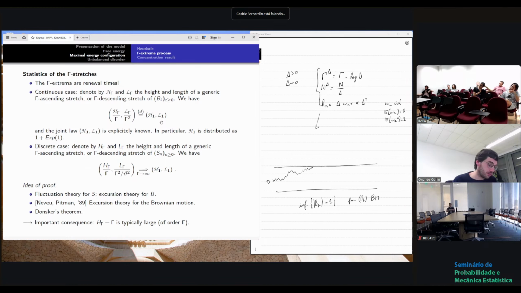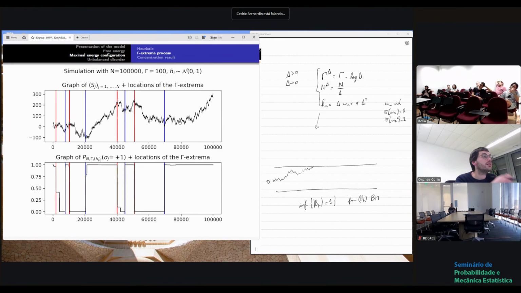But you cannot perform some scaling limit in order that it becomes some kind of exponential, or no? Sorry, when I look at this picture, it is very similar to something that I was looking at, which are SDEs with strong measurement, which appear in quantum mechanics. The graphs are very similar.